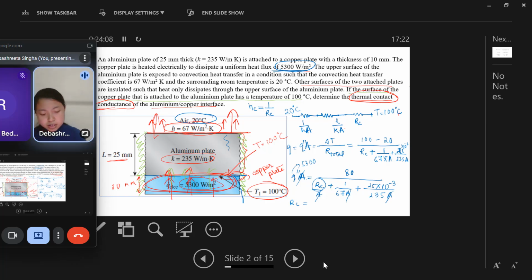And what about the HC? HC is just 1 divided by RC. 0.015094 something.